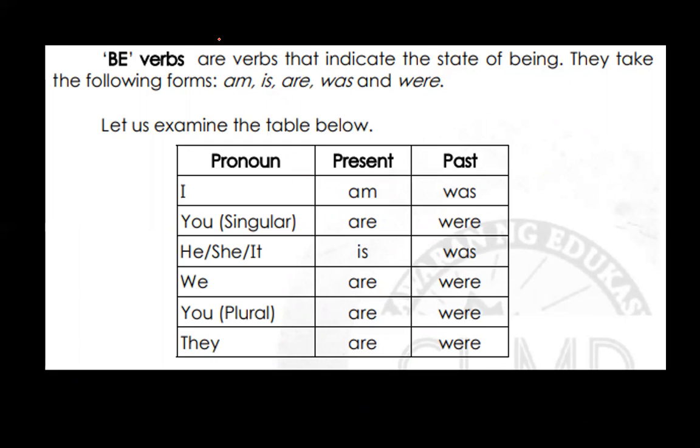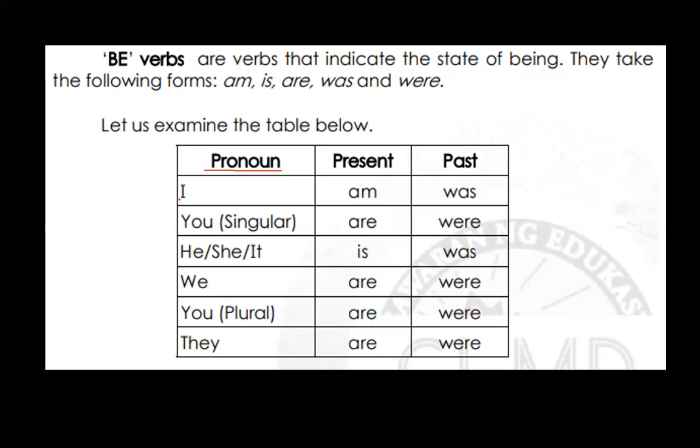Now to elaborate, first, let us review pronouns. Pronouns are the words that are used in the sentence to replace the noun, to avoid repetitive use of nouns, para hindi paulit-ulit.